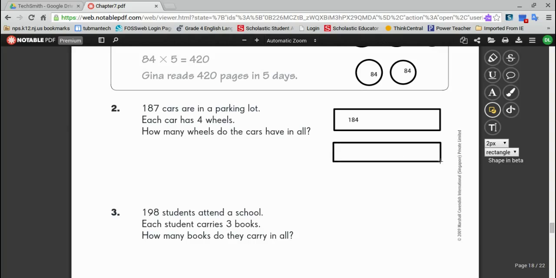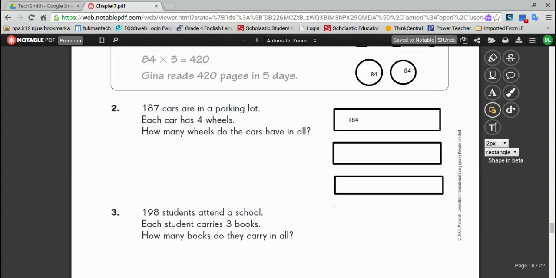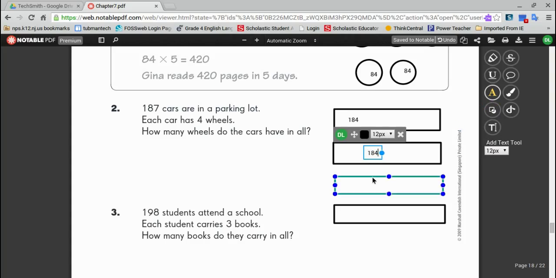So here's my 2 wheels, here's 3 wheels, and here's 4 wheels. And I have to make sure I understand that each one of these wheels I have to represent 187, I'm sorry. Because each one has 187 cars. So let me fix that right now.